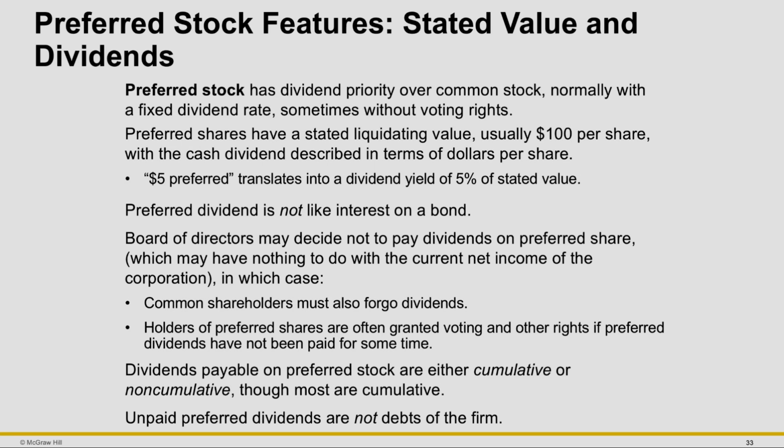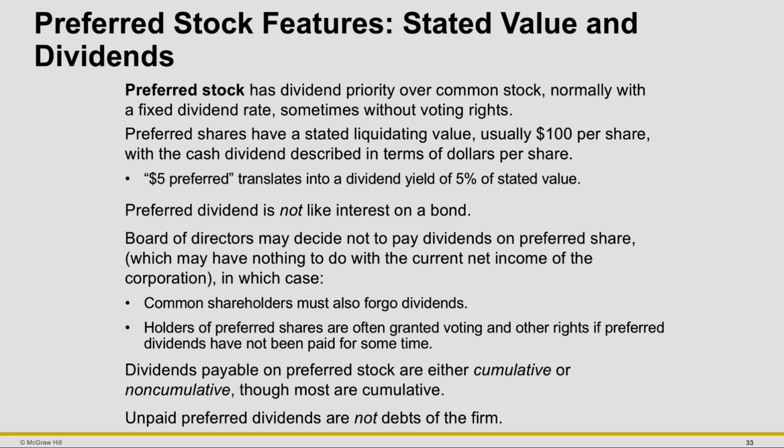The dividends that are paid for preferred stock are a little different. So preferred stock is usually thought of as some sort of a hybrid security. It's part common stock, part bond. And the part that is like common stock is that they do get what's referred to as a dividend, although it's a lot like a bond because that dividend is typically stated in the agreement with the preferred shareholders.